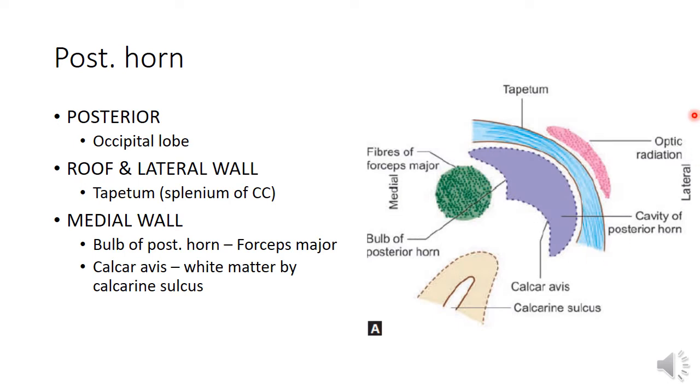The posterior horn of the lateral ventricle is bounded posteriorly by the occipital lobe.